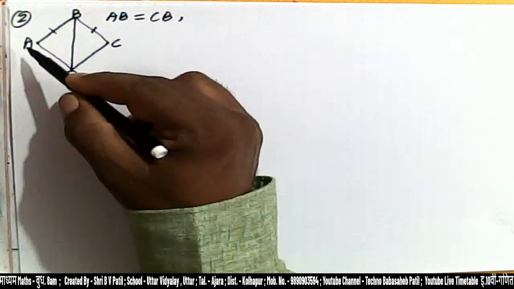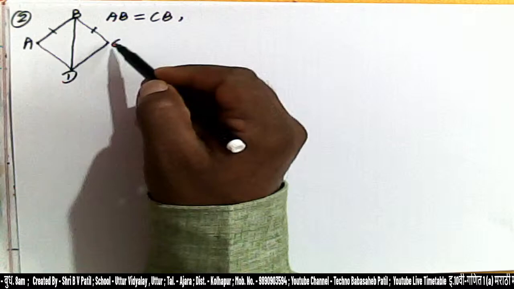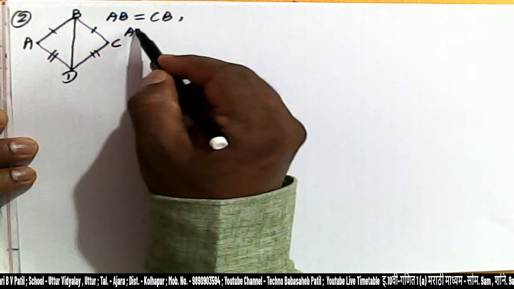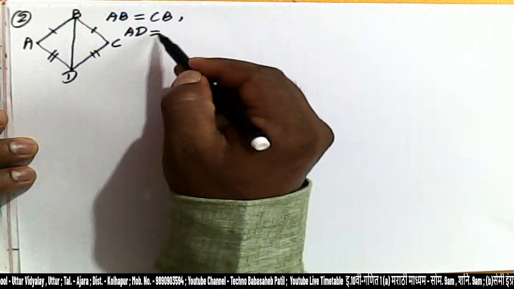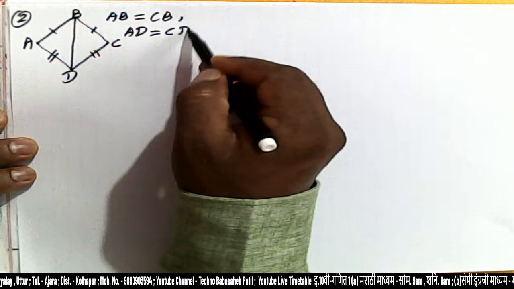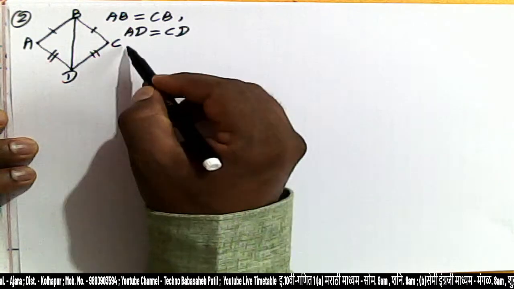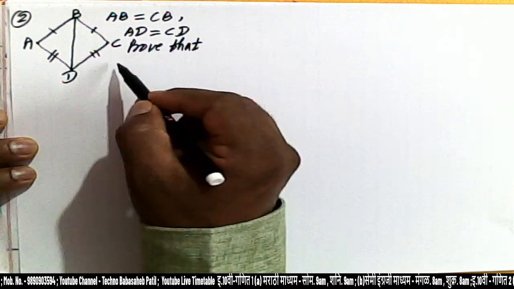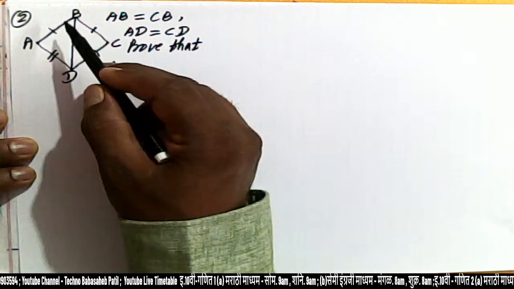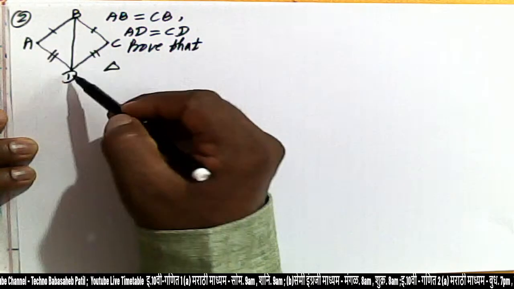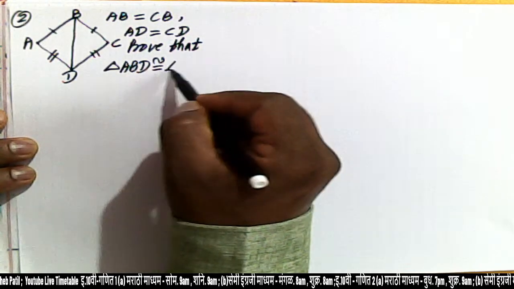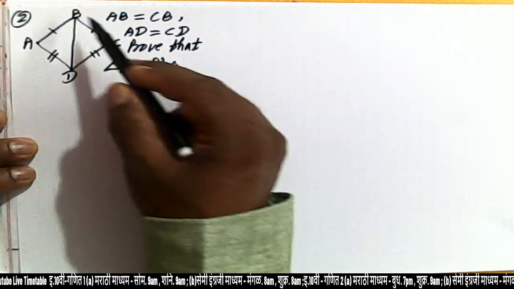Then segment AD congruent to segment CD. This is given. Prove that triangle ABD is congruent to triangle CBD.